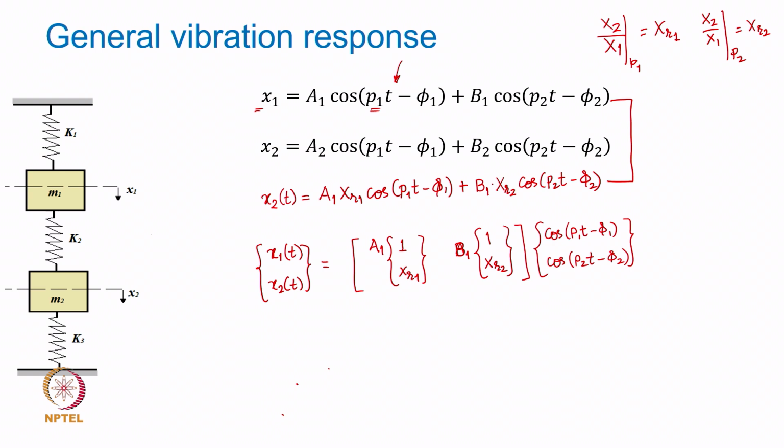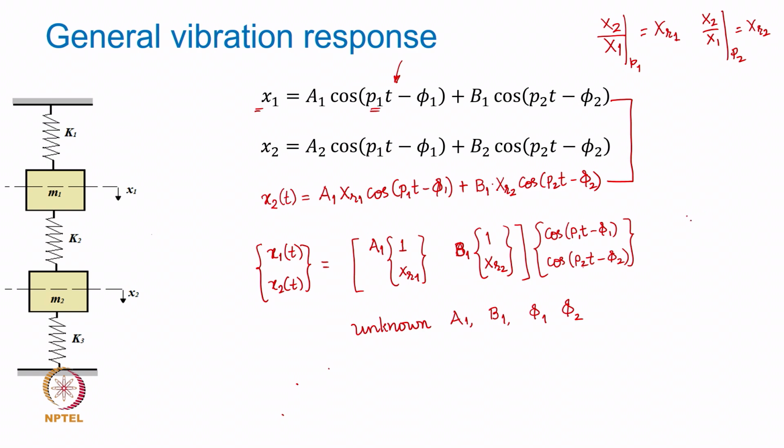Now, what are the unknowns here? The unknowns are A1, B1, phi 1 and phi 2, because P1 and P2 are known, since you know the vibratory system parameters like K, M and so on.